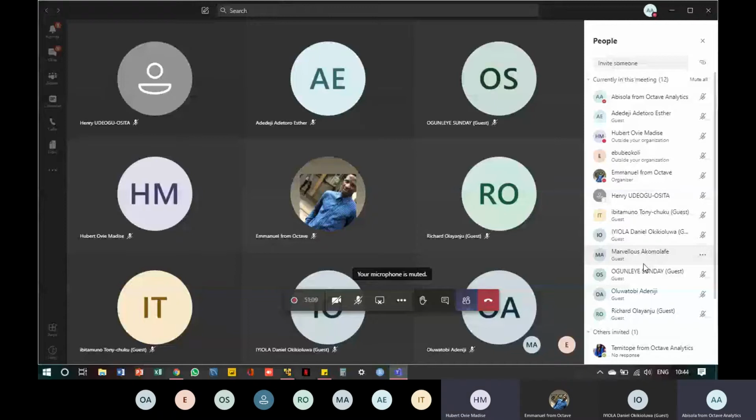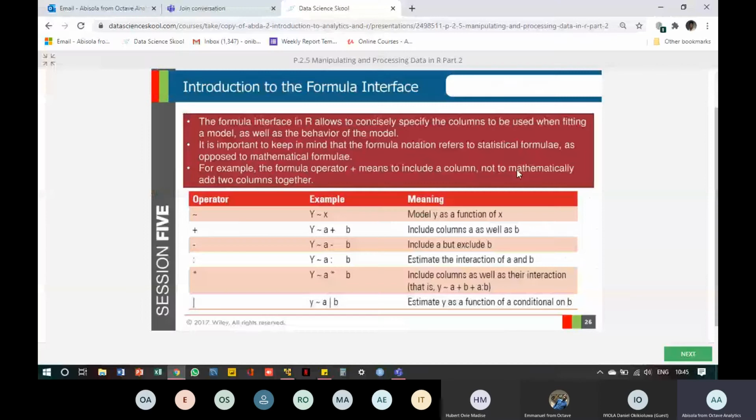So I'm back. On the formula interface, you are using the operators as statistical operators, not mathematical operators. So your normal addition sign would not add your values together.